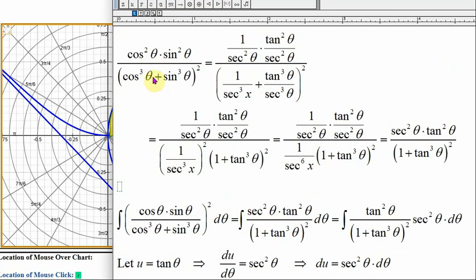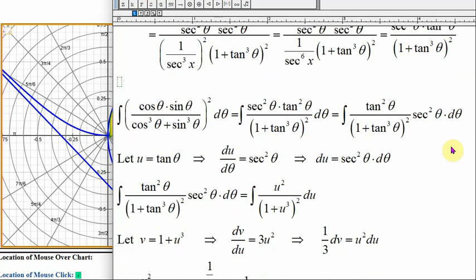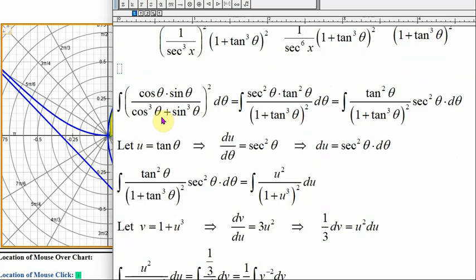So this expression right here is the same as secant squared of theta times tangent squared of theta, divided by 1 plus tangent to the third of theta squared. So here's our integral, and then we end up with this.